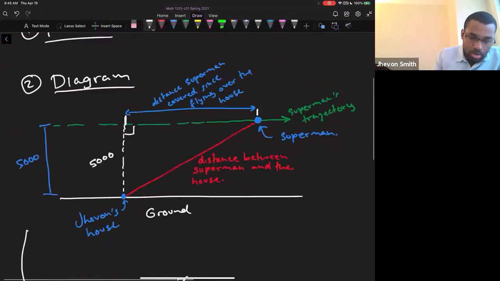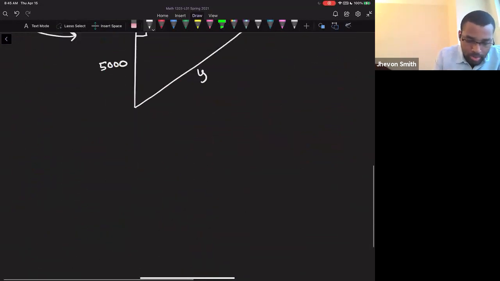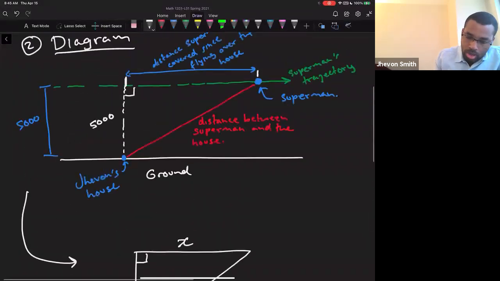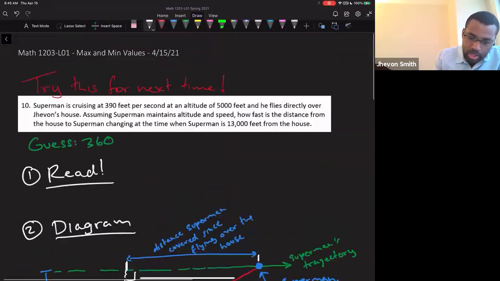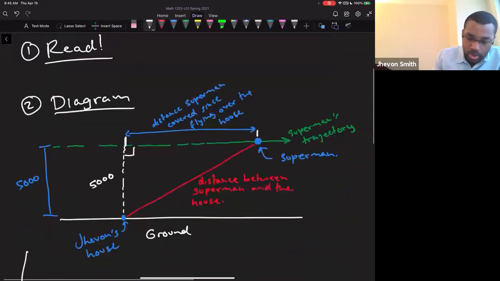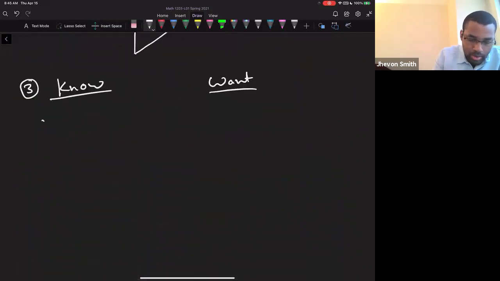Yeah, so that was the diagram. Now 3. What do we know? What do we want? So I know how fast Superman is cruising, 390 feet per second. That's going to be the rate at which x is increasing.